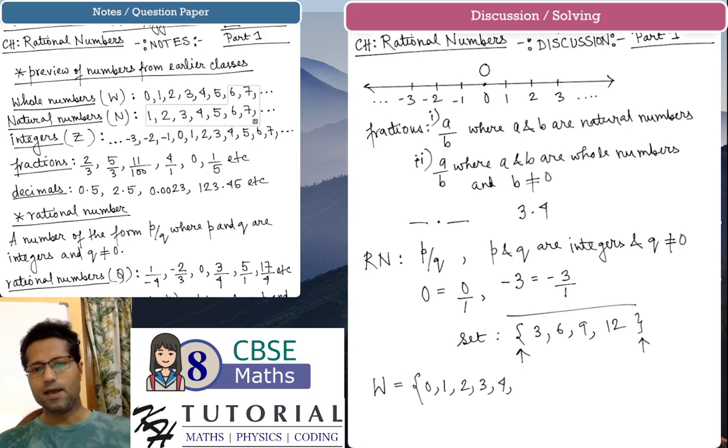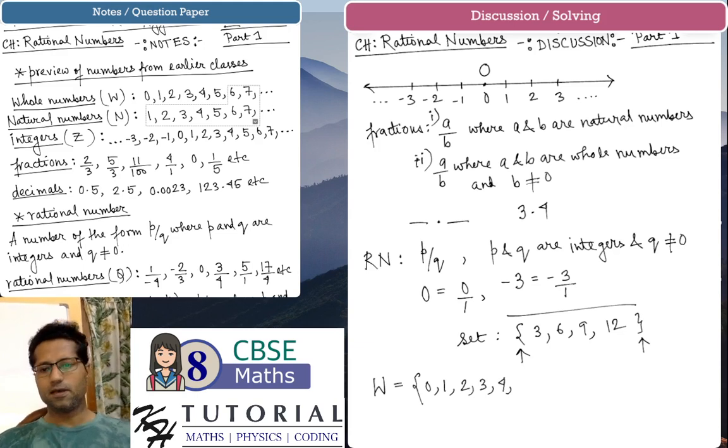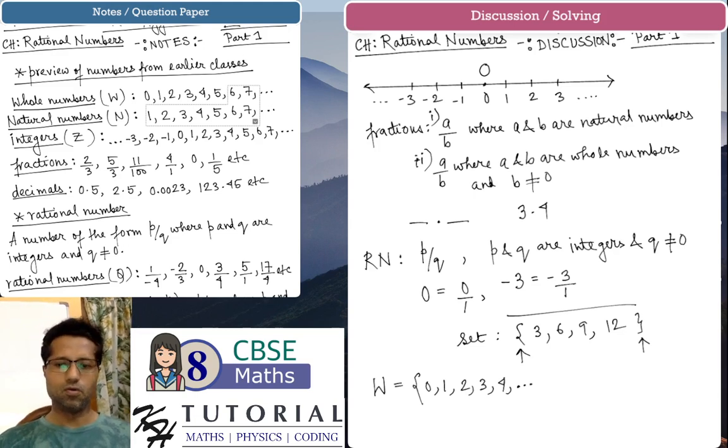It is not possible to write all the whole numbers, so at the end we write three dots, meaning this is an endless, infinite collection of numbers. It will go on.